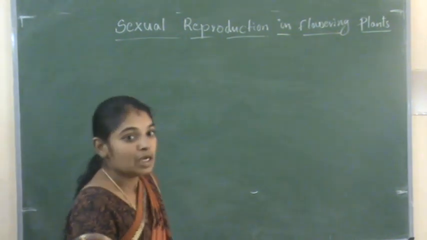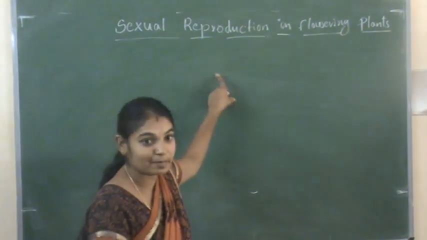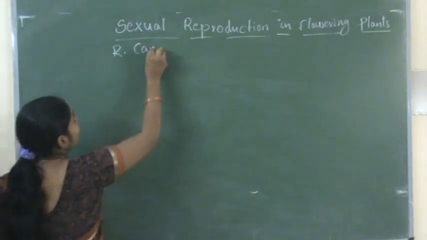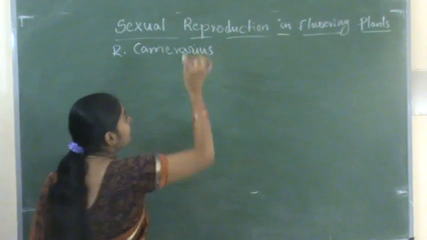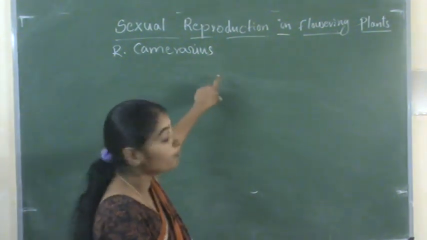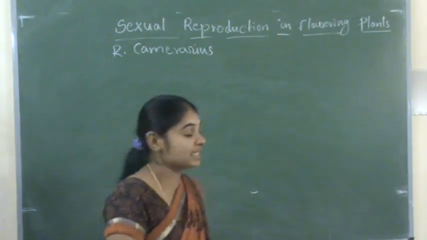Sexual reproduction in flowering plants was first described by the scientist Camerarius. He was the first scientist who described the process of sexual reproduction in flowering plants.